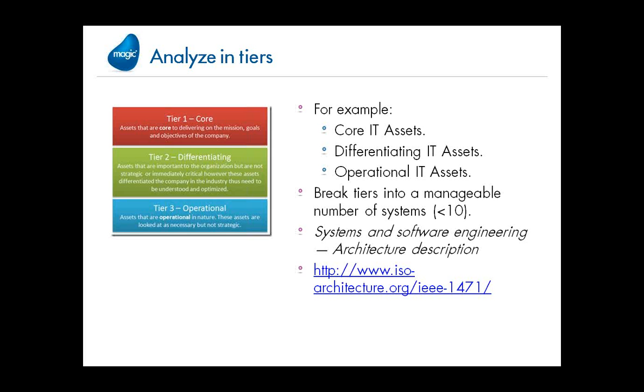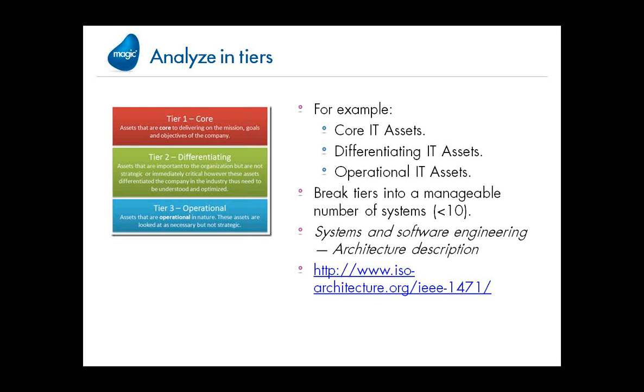So this would be more of a tier 2 as you're going through these layers of analysis. And then the tier 3 is more operational or commoditized IT assets that are important but not strategic. They're necessary, basically. So if you can break these tiers into manageable numbers of systems, the IEEE suggestion is that you try to keep it to less than 10 per tier. Some organizations, that's just not possible because you just have way too many systems, obviously. But that's the best practice suggestion.